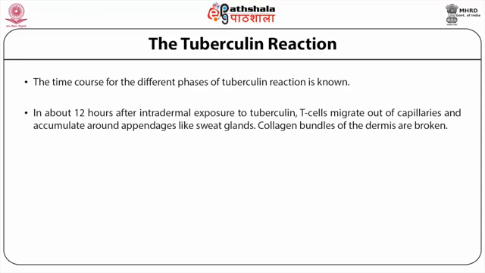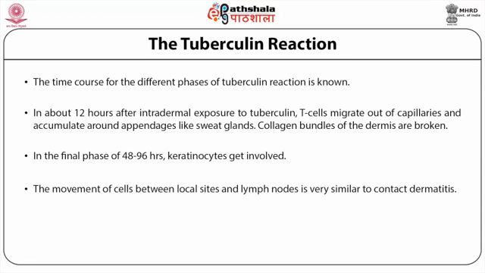CD1 positive cells, which are actually Langerhans-like cells, also begin appearing between this period of 24 to 48 hours. In the final phase of 48 to 96 hours, keratinocytes get involved. The movement of cells between local sites and lymph nodes is very similar to contact dermatitis.